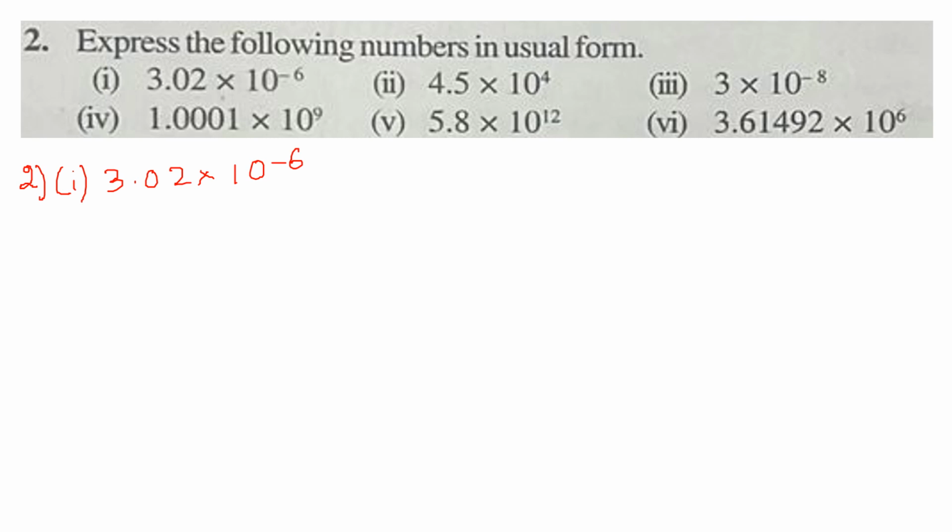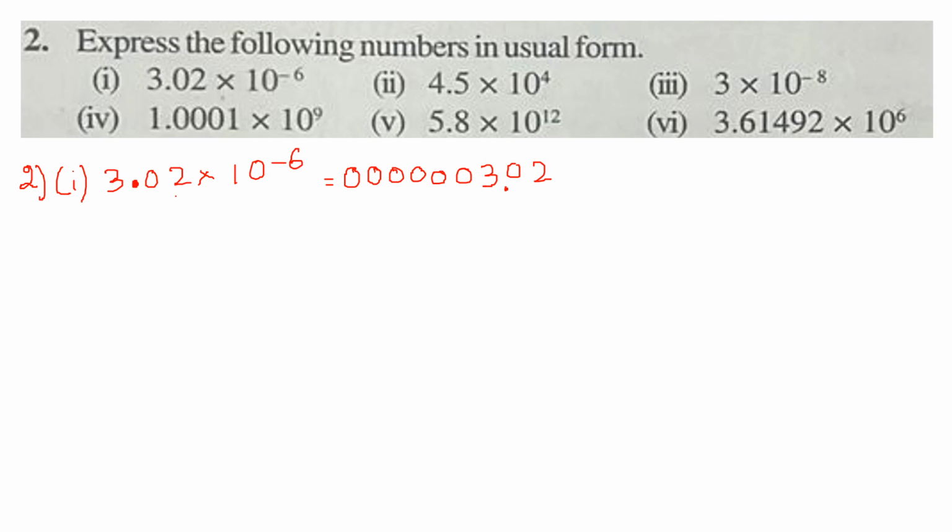Okay. So first, whatever power is given to you, 6 is given, right? So you just write 6 zeros, 1, 2, 3, 4, 5, 6. Okay, and then followed by that write the given number 302. Okay, so actually the decimal point is here, right? So roughly near 3.